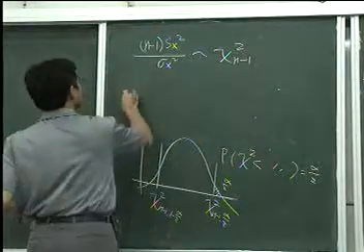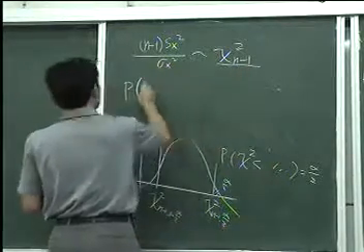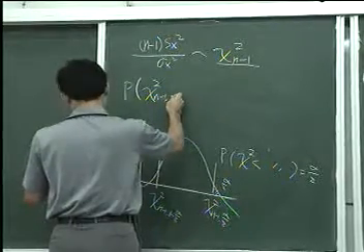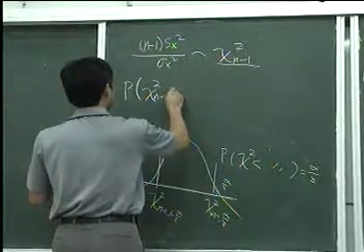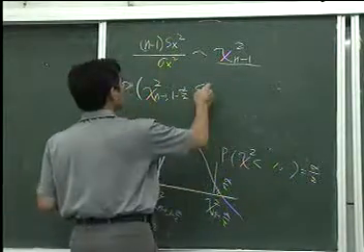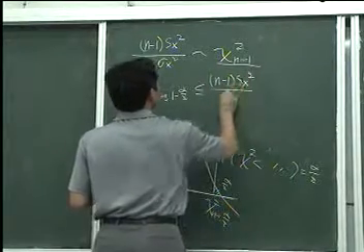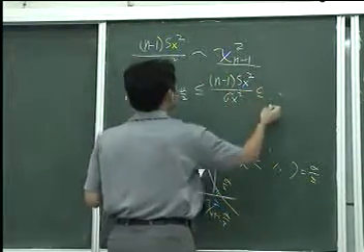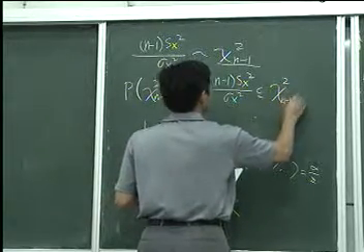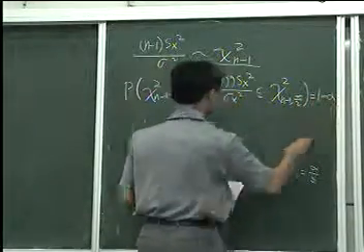Okay, we know P, and this is a chi-square distribution, right? P(chi-square_{m-1, 1-alpha/2} <= (m-1)S_x^2/sigma_x^2 <= chi-square_{m-1, alpha/2}) = 1 - alpha, right?